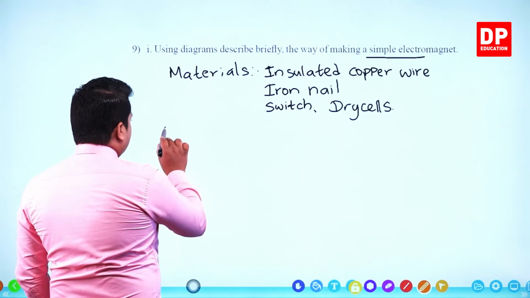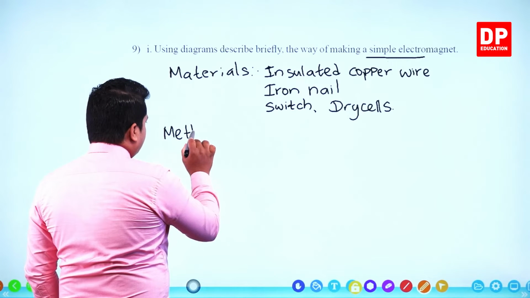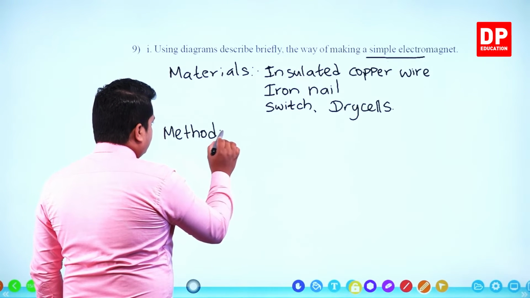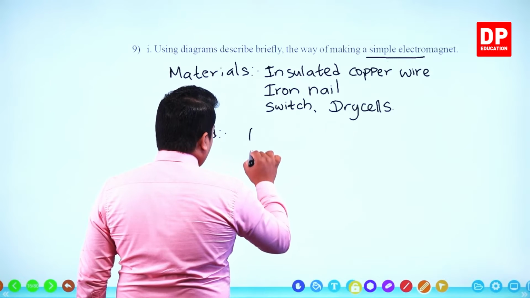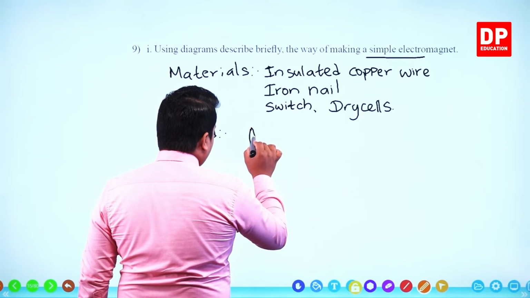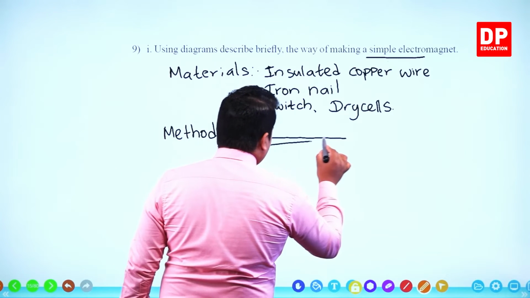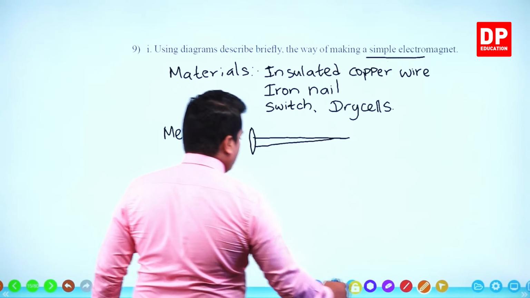Then the method. So I'll draw and show the method, children. This is my iron nail.